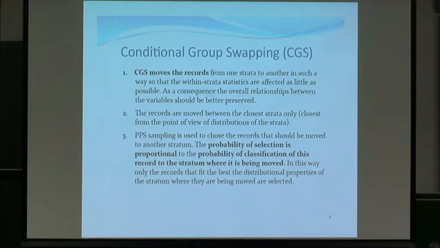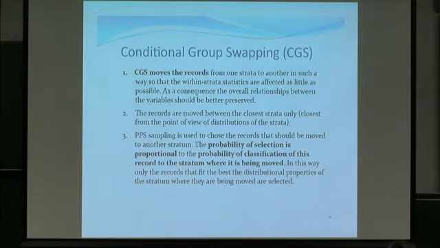And how we do that is that first we move or swap the records between the closest strata from the point of view of the distribution of the strata, and I use probability proportional sampling to choose the records that should be moved from one stratum to another. So the probability of selection of the record to be moved to another stratum or swapped will be proportional to the probability of classification of this record to the stratum where it's being moved.